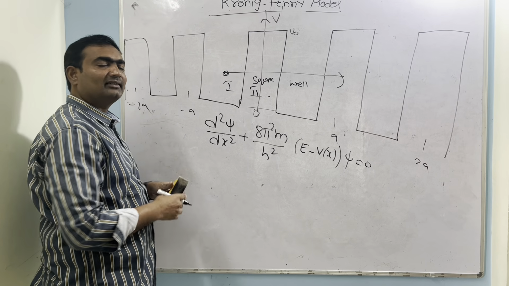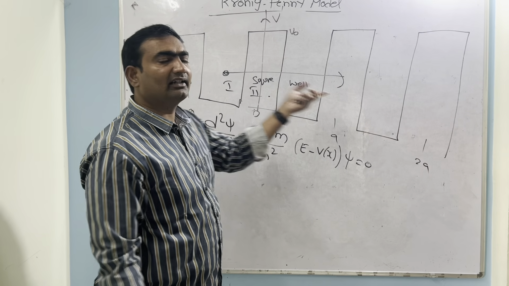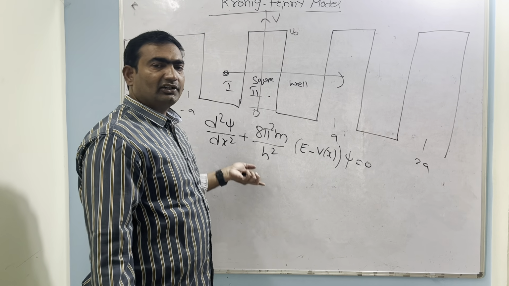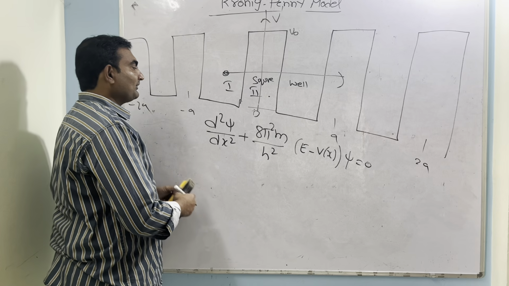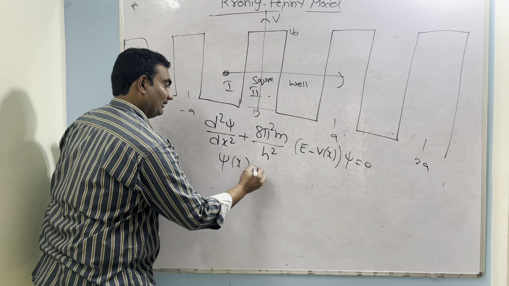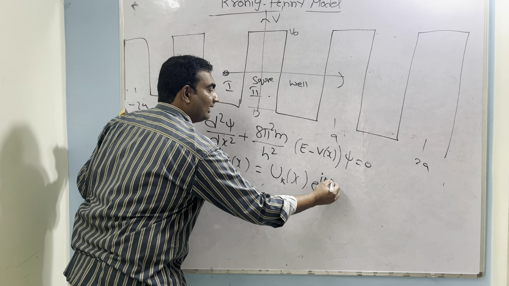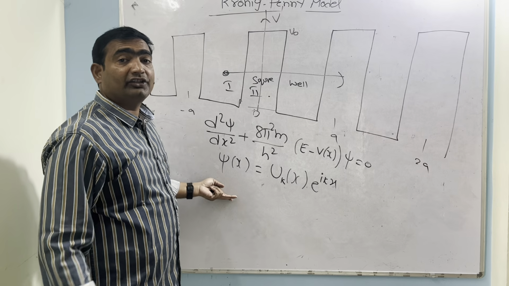This is the Schrodinger's time independent wave equation which I am applying for this electron moving under a square well or periodic potential. The solution of this wave equation can be assumed as psi of x equal to uk of x into e power ikx according to Bloch's theorem.